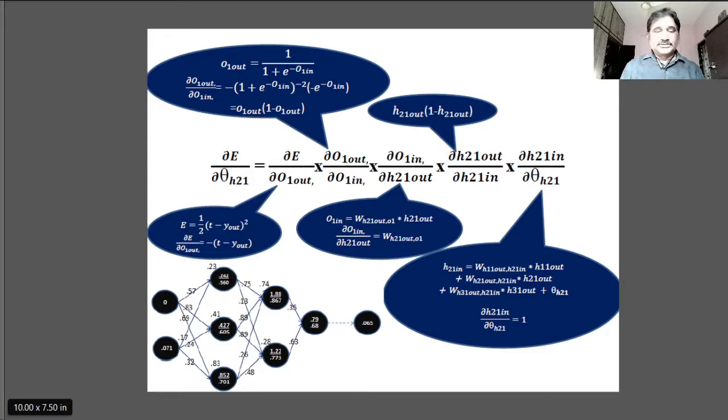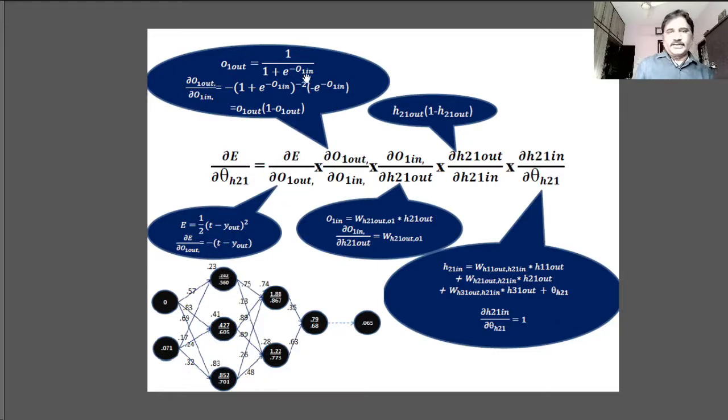All right, and then coming on to the second term. That we have already seen, and in that term, differentiation of O1 out with respect to O1 in, we will have to consider the relationship between O1 out and O1 in, and that is a sigmoidal relationship.